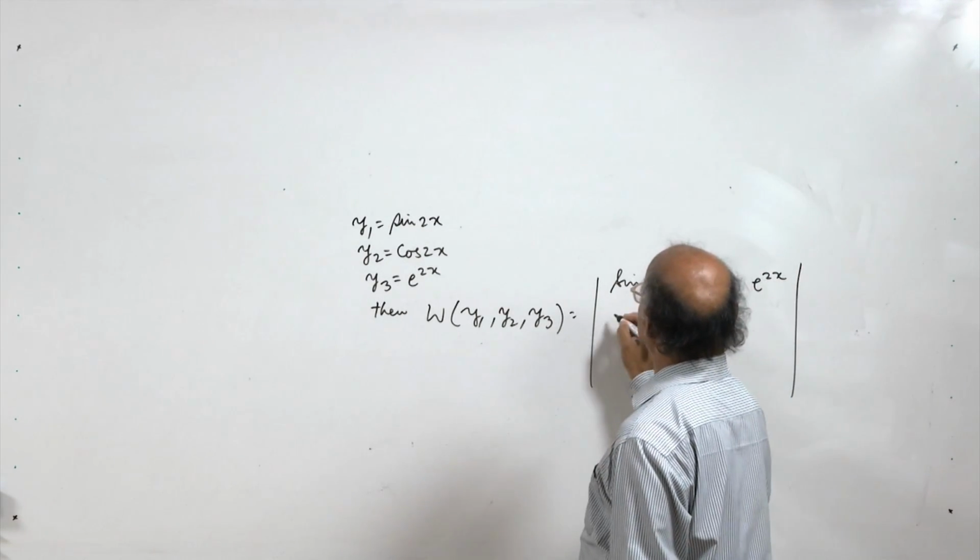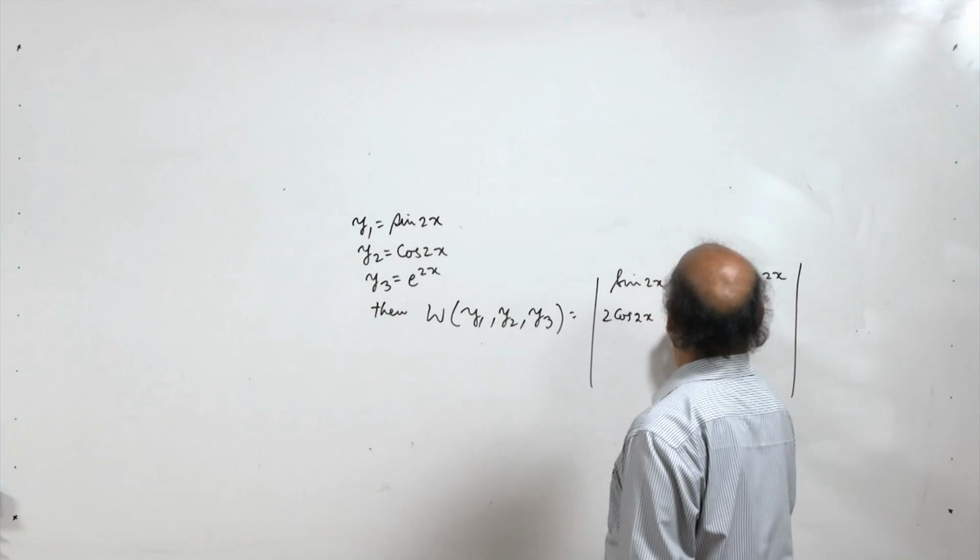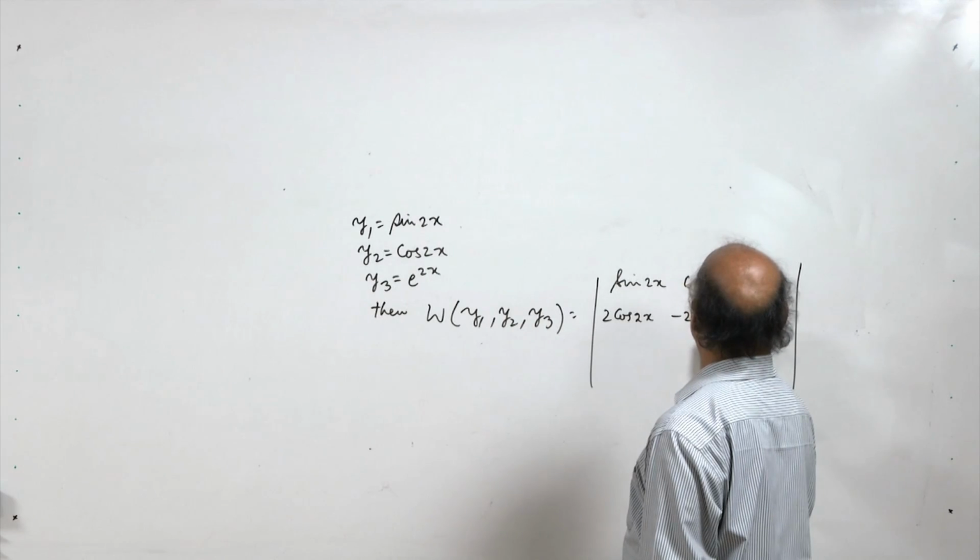The next row contains the derivatives, so 2 cos 2x, minus 2 sin 2x, and 2 e^(2x).